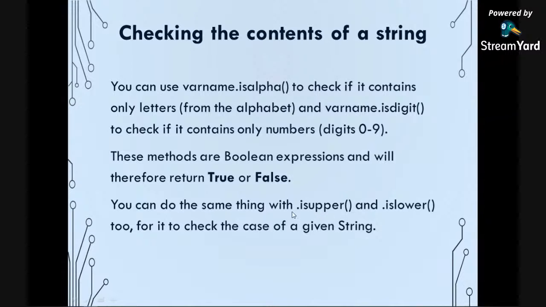And then you can do the same thing with dot is upper and dot is lower. Don't forget these brackets on all of these. And it will check the case of a given string. So if you said name dot is upper, open close brackets, then it will check to see if your name is in uppercase, all in uppercase, or all in lowercase, and so on.